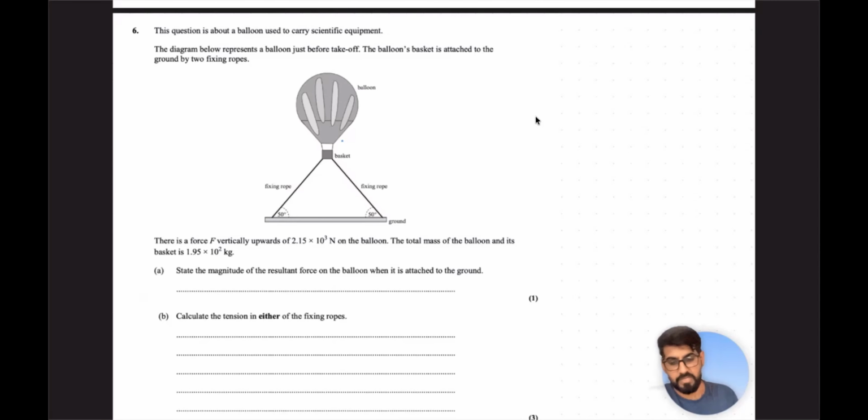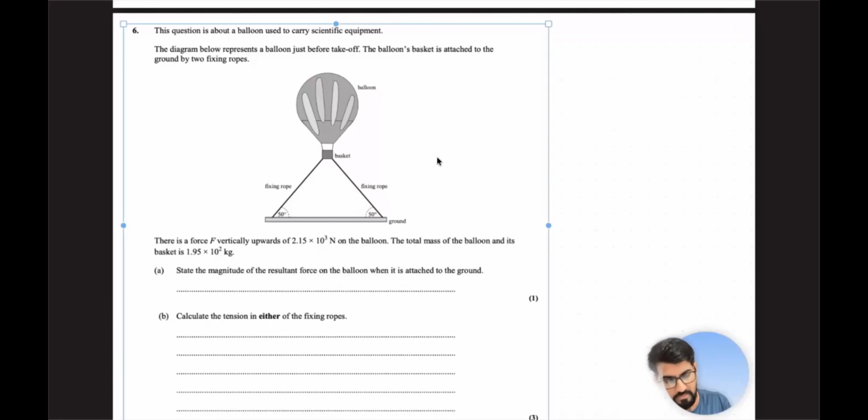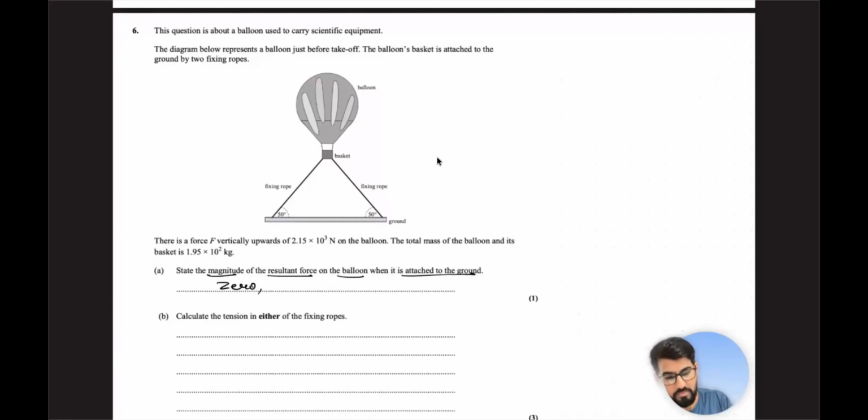So this is a past year IB question. Give it a try. The A part is simply asking you the magnitude of the resultant force on the balloon when it is attached to the ground. When it is attached to the ground, the ropes are there. So you can simply say that the resultant force is 0, as the balloon is not moving.